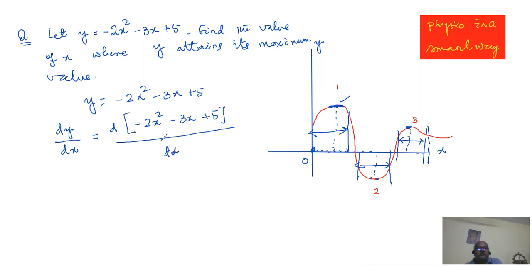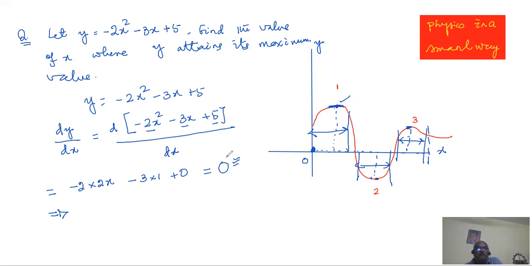All the quantities present under the derivative sign can be treated separately. So minus 2x square will give us minus 2 into 2x, that is minus 4x, minus 3x will give us minus 3, and 5 will give us 0. And at maximum value, you have to equate it to 0, because then only we can find the value of x. So we equate it to 0 because that was our idea.